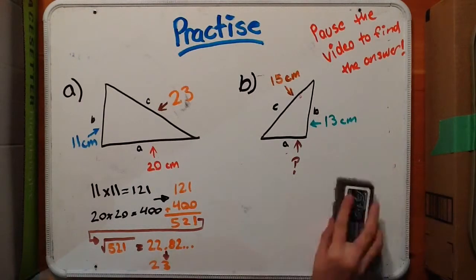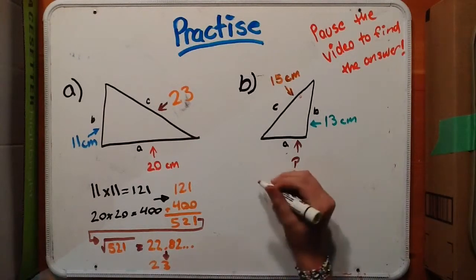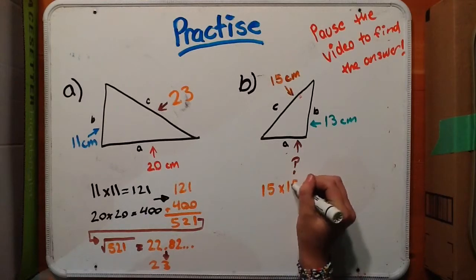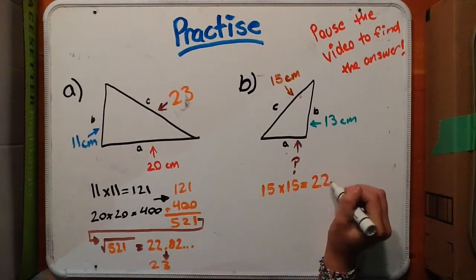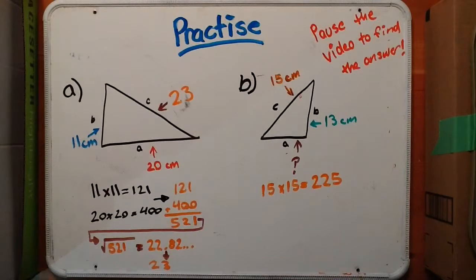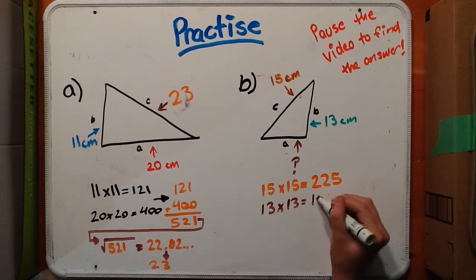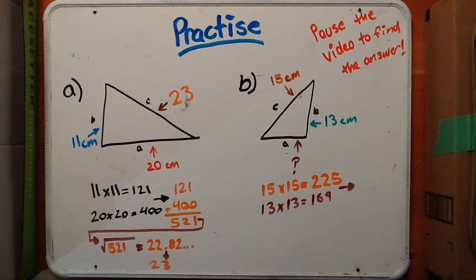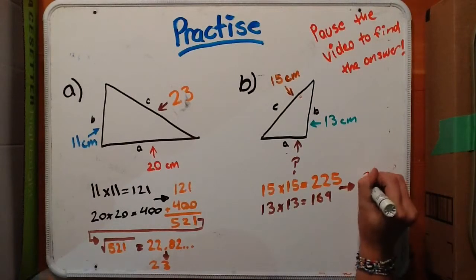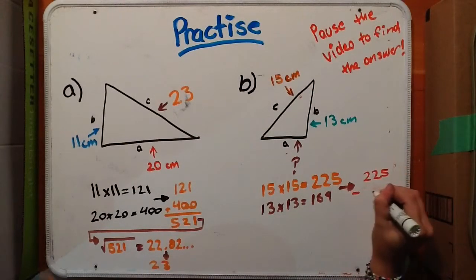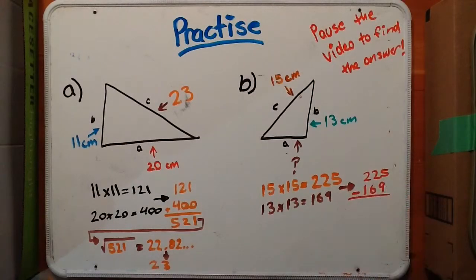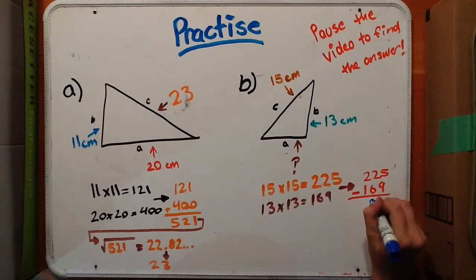Now, for B, we're going to do the other one. So, we're going to do 15 times 15, which is equal to 225, and 13 times 13, which is equal to 169. Now, this time, instead of adding, we're going to subtract. So, 225 minus 169 is equal to 56.